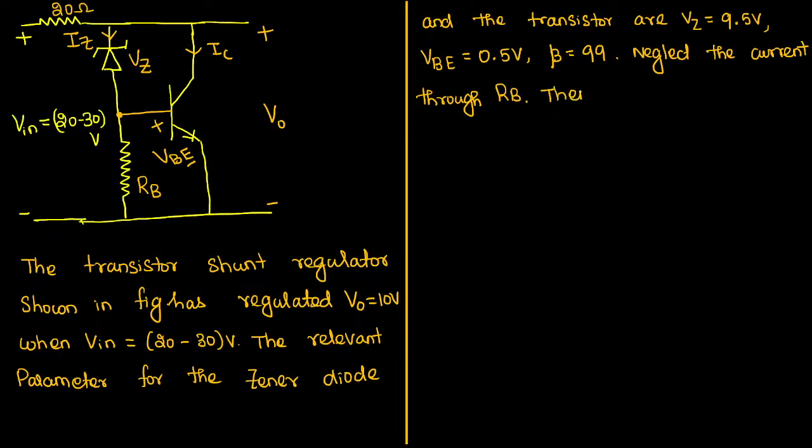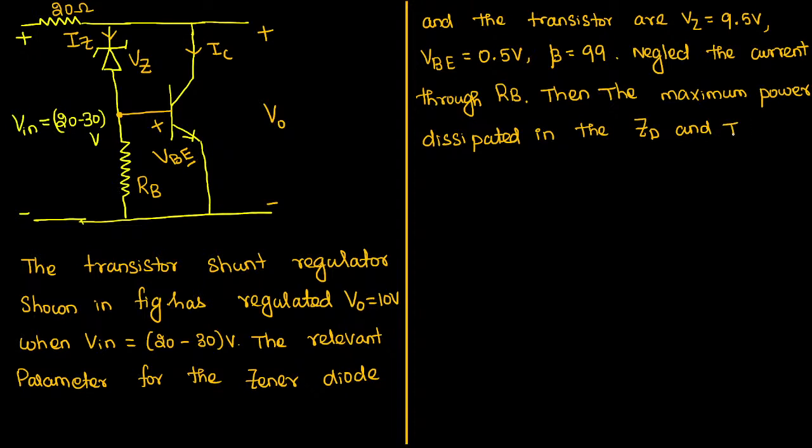Then the maximum power dissipated in the Zener diode, is that D, the Zener diode, under the transistor R dash.